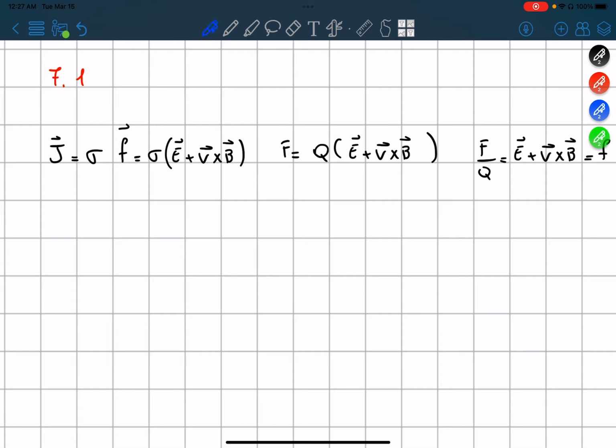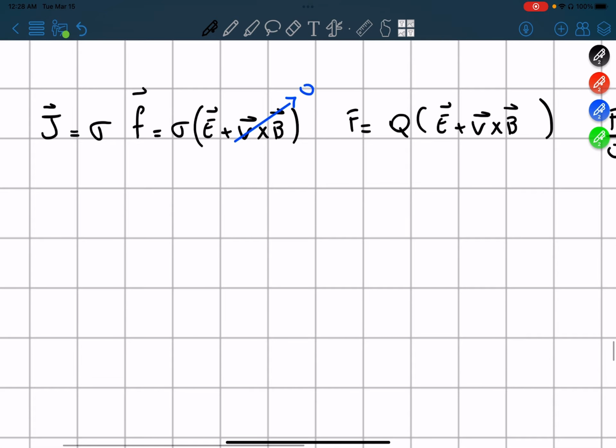Now, usually, the magnetic field is equal to 0, so we can just think about it as our constant times the electric field. How does this constant change?